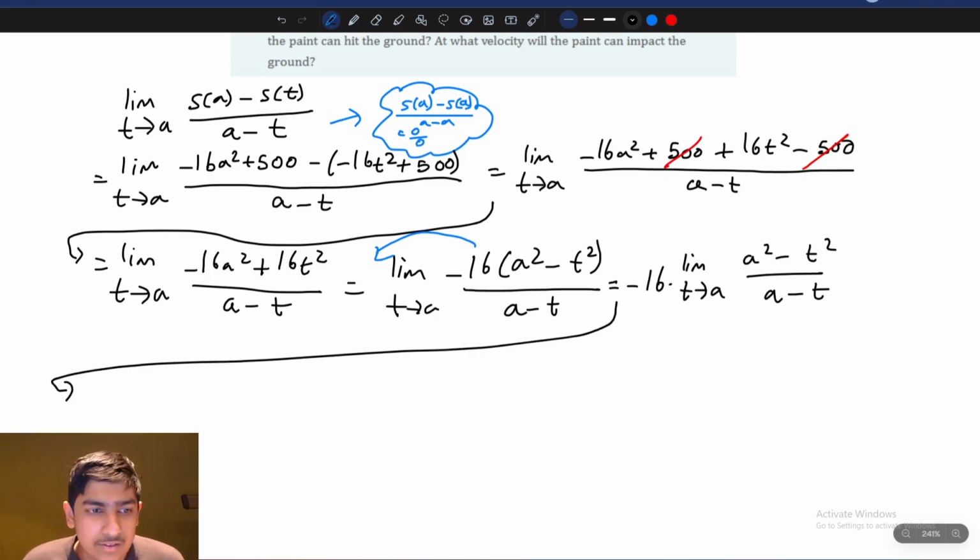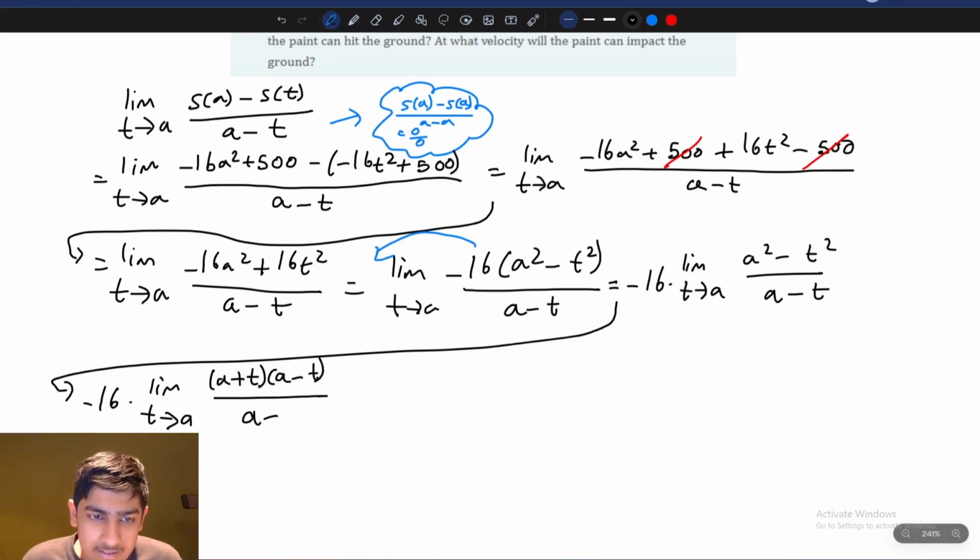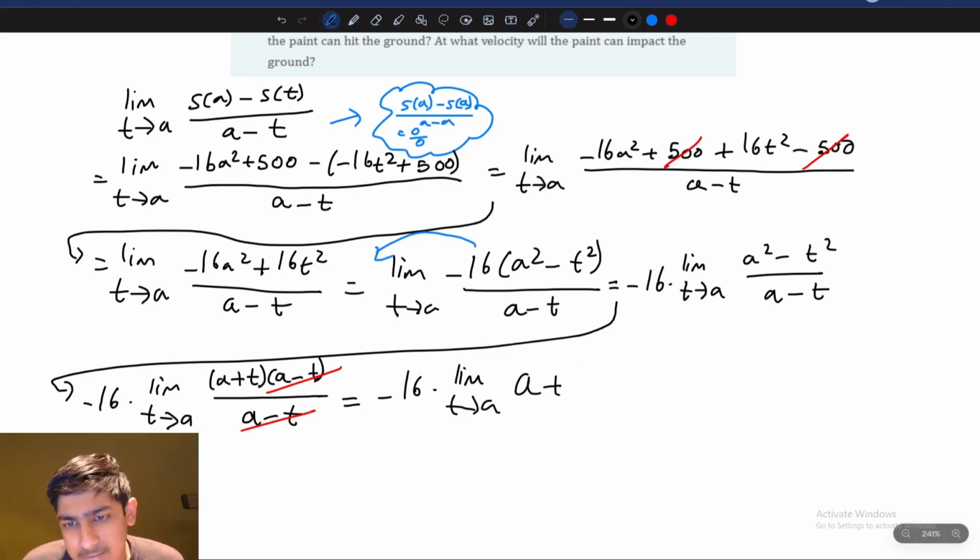Hopefully you realize that a squared minus t squared is the difference of two squares formula. So this will then be negative 16 times the limit as t approaches a of a plus t times a minus t over a minus t. Now a minus t will cancel, and we are left with negative 16 times the limit as t approaches a of a plus t.